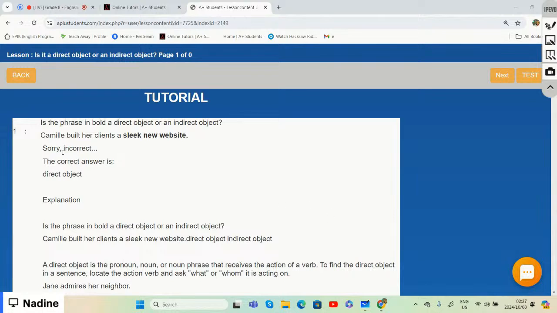If we look at this one, it says, is the phrase in bold a direct object or an indirect object?